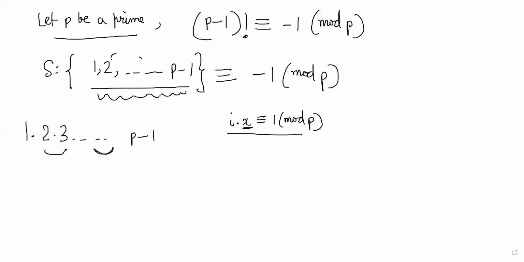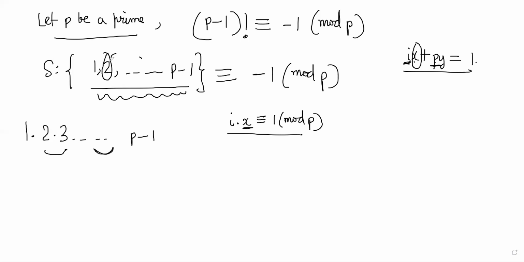That X will lie in this set is also guaranteed because we have Ix plus Py is equal to 1, because I and P are co-prime. So there is an X, and that X is going to be in this set, because this set contains all the possible remainders.